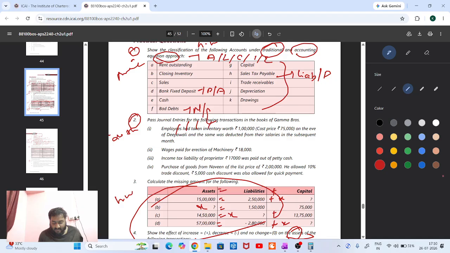Employees had taken inventory worth 1 lakh rupees, cost price 75,000, on Diwali evening, and the same was deducted from the salaries. So salaries is an expense. Salary account debit to inventory, right? Inventory is an asset. It is to be reduced, right?